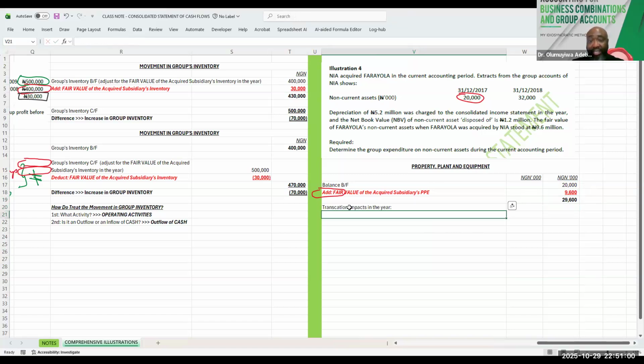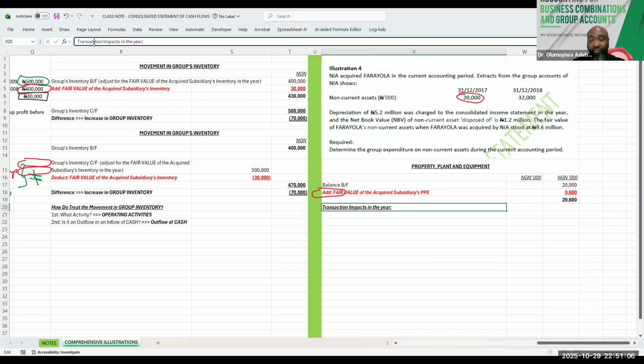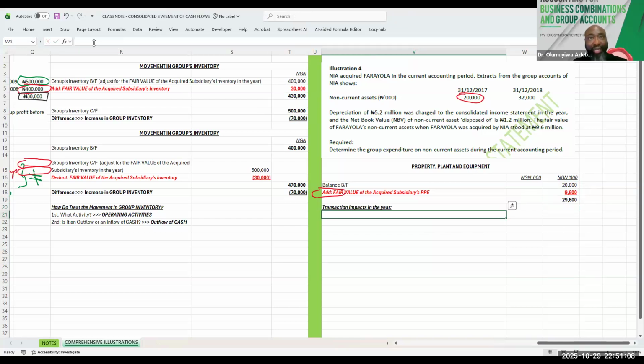What has happened in that year associated with transactions? One of them is that there is a depreciation charge in the year. How much is the depreciation charge? 5.2. The question I'll ask is 5.2, will it increase or decrease my assets? It's going to decrease my assets.